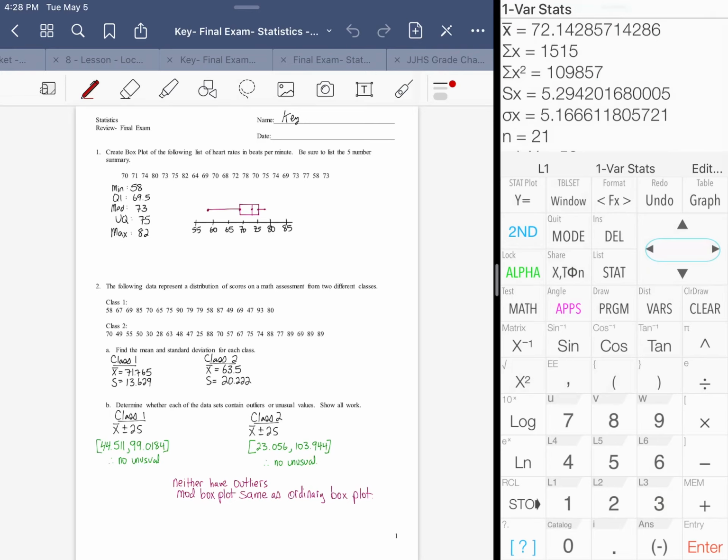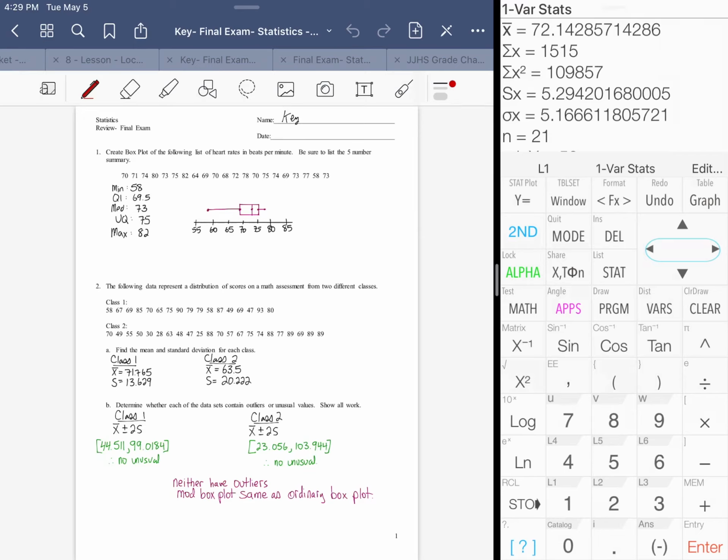Stat, over to calc, 1 var stats. My data set is L1. Go to calculate. And we have the mean, the standard deviation, all that good stuff. Now, this is a list of heart rates in beats per minute, which is a sample of information.